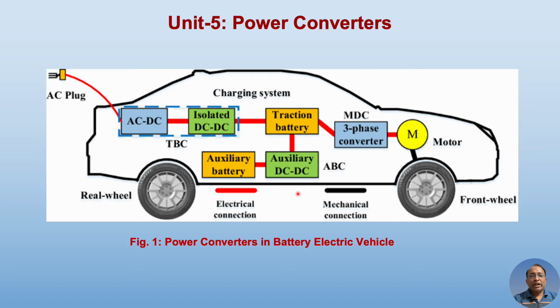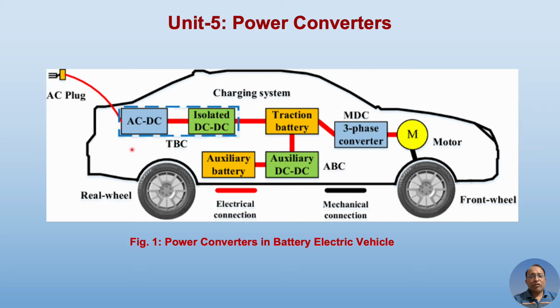To charge the auxiliary battery, there is an auxiliary DC to DC converter. There are several auxiliaries like the air conditioning unit, power steering, and thermal management systems. All those also require low voltage DC supply, which is again derived from the battery using a DC to DC converter.